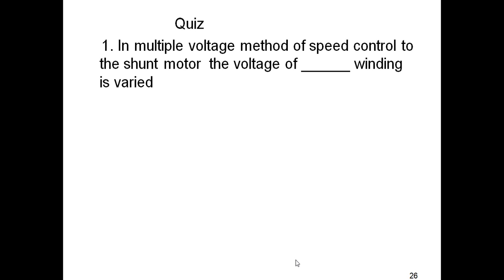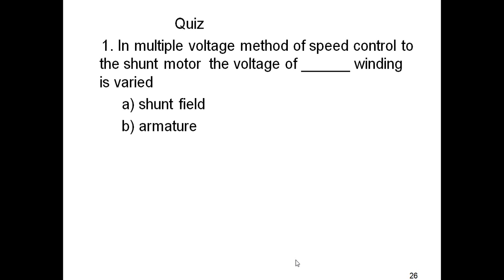Now let us see a small quiz on this presentation. First question is, in multiple voltage method of speed control of the shunt motor, the voltage of dash winding is varied. Option A is shunt field winding.